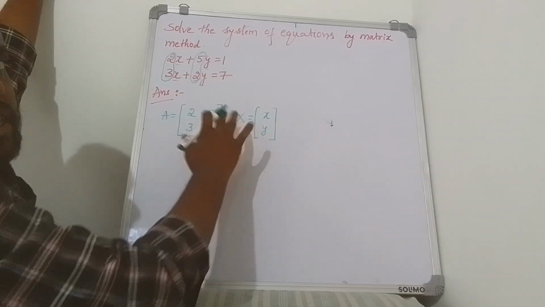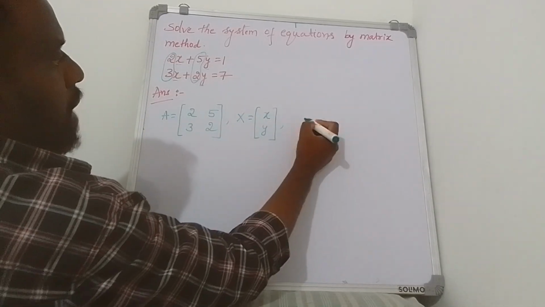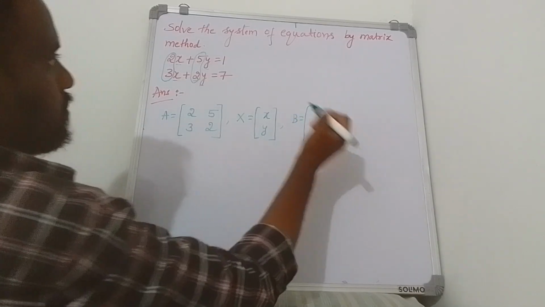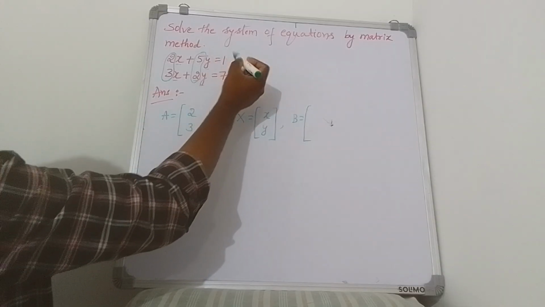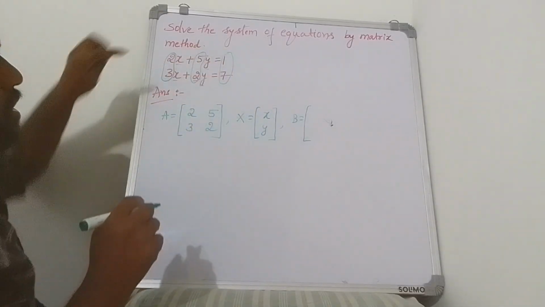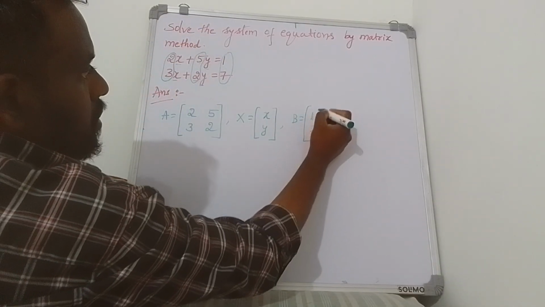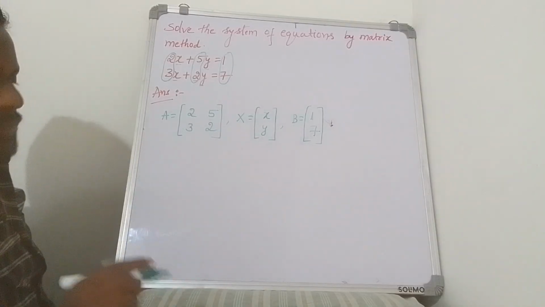This is matrix X, done. Next matrix B. B is equal to what? Open the bracket. After the equal sign we have constants 1 and 7. Write this here like 1, 7. Okay, so three matrices we are done.